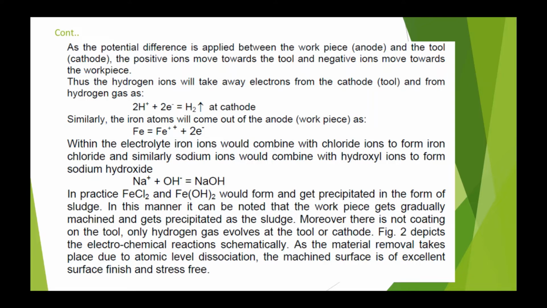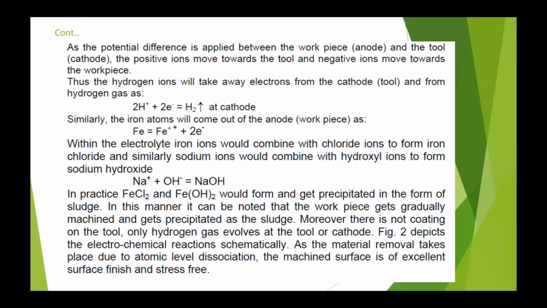In practice, FeCl2 and Fe(OH)2 would form and get precipitated in the form of sludge. In this manner, it can be noted that the workpiece gets gradually machined and gets precipitated as sludge. Moreover, there is no coating on the tool, only hydrogen gas evolves at the cathode or tool.